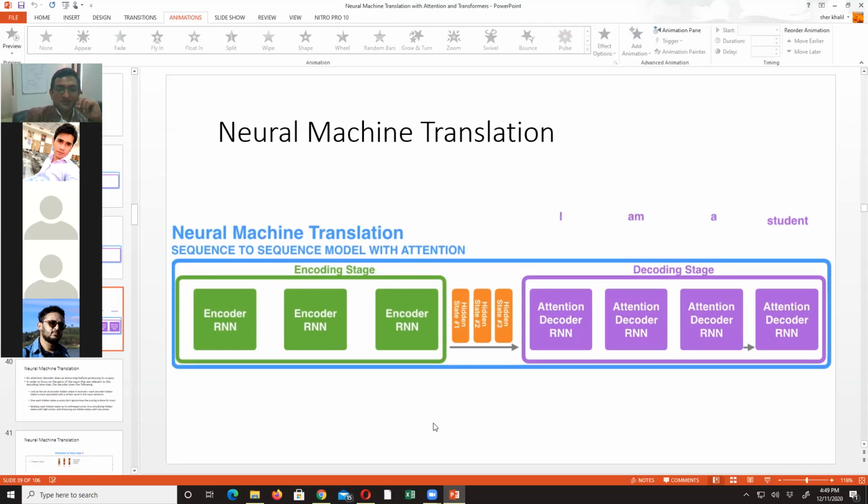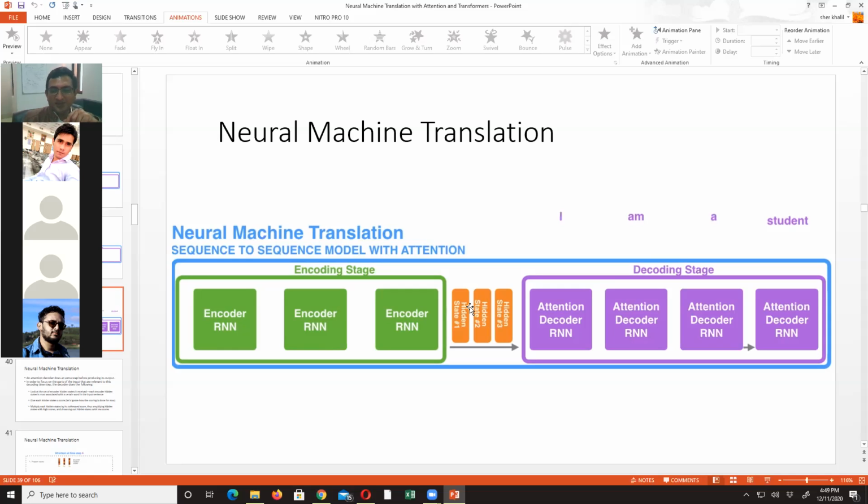But what he said was, send all the information to the decoder, but also do a kind of weighting mechanism. You need to assign a weight to each of these context vectors, and the decoder should know which of these vectors to pay more attention to when translating.